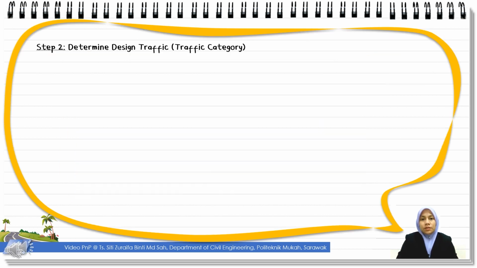Step 2. Determine design traffic, which means traffic category. Calculate the design traffic, that means number of axles, for the design lane and base year Y1, which means the first year of design period, using the following formula.